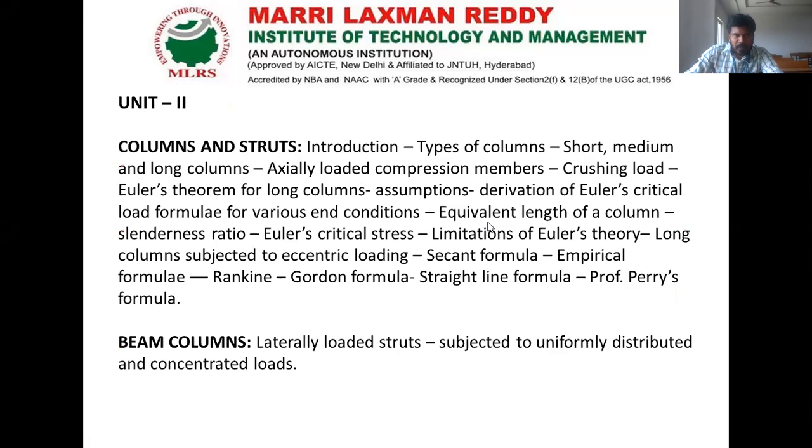With respect to columns and struts: introduction, types of columns, short, medium, and long columns. Mostly we are going to classify them as short and long columns with respect to their failure category.